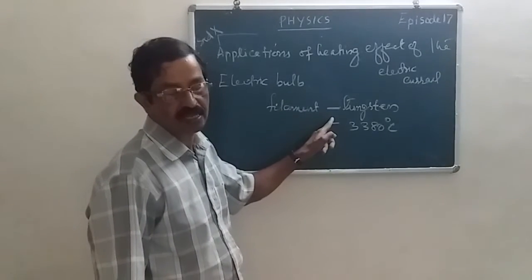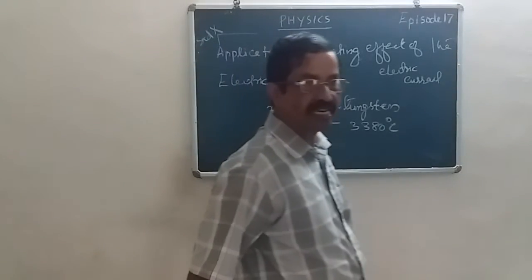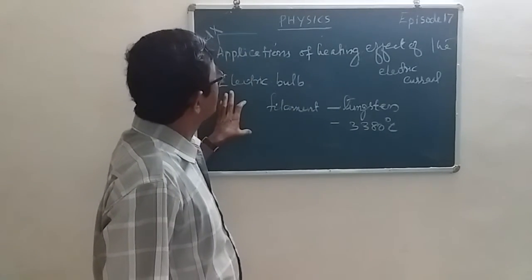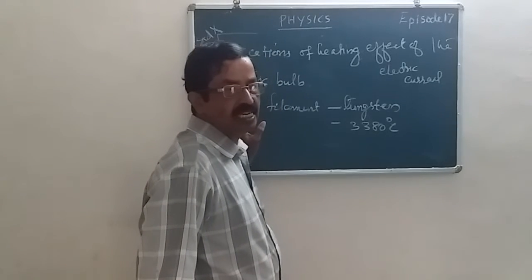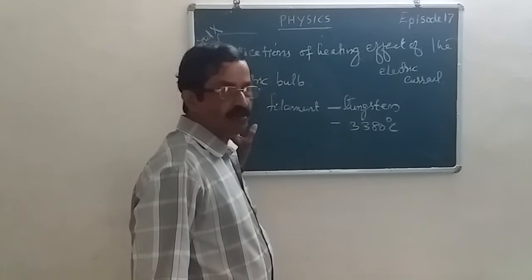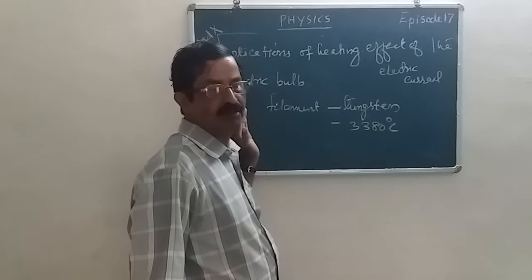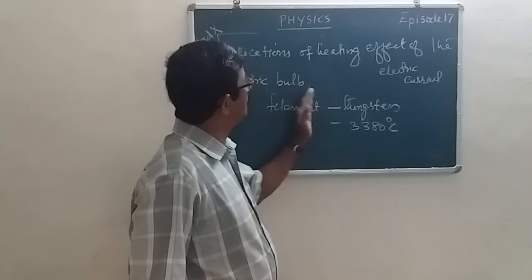So its lifespan can be increased. Which gases are we using there? Nitrogen and argon. What is the advantage of these gases? They reduce the oxidation of the filament.